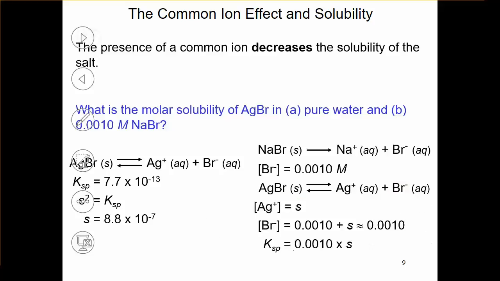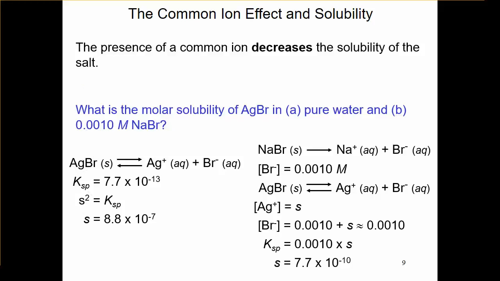Okay. So bromide 0.001 plus S is approximately 0.001 because S is so small. And so my KSP here is equal to 0.001, because we dropped that plus S, times S, which is the silver. And S is now 7.7 times 10 to the negative 10.